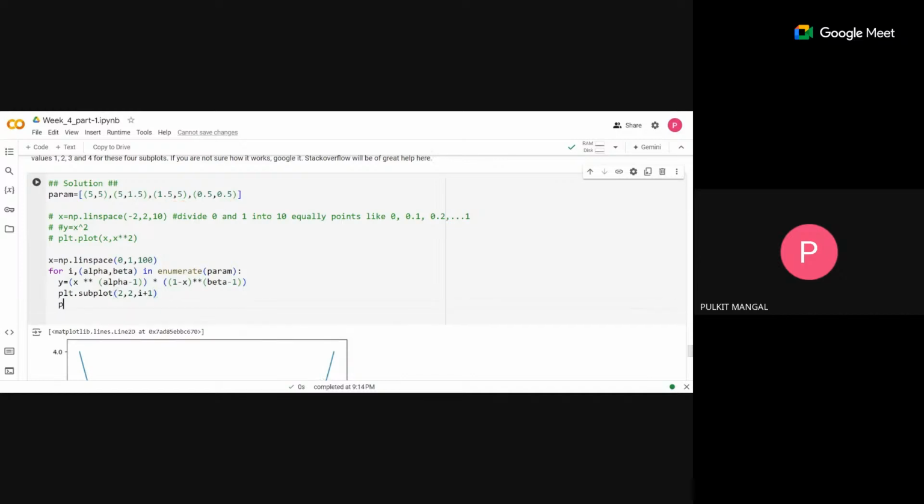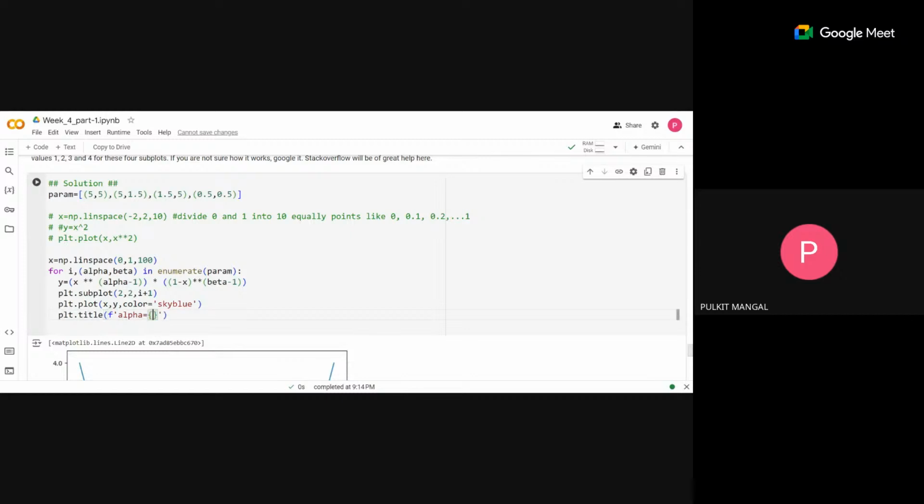The next is just plt.plot(x, y), and maybe I will give the color sky blue. I will also create a title so that we can tell which one refers to which, using print formatting: alpha equal to alpha and beta equal to beta.